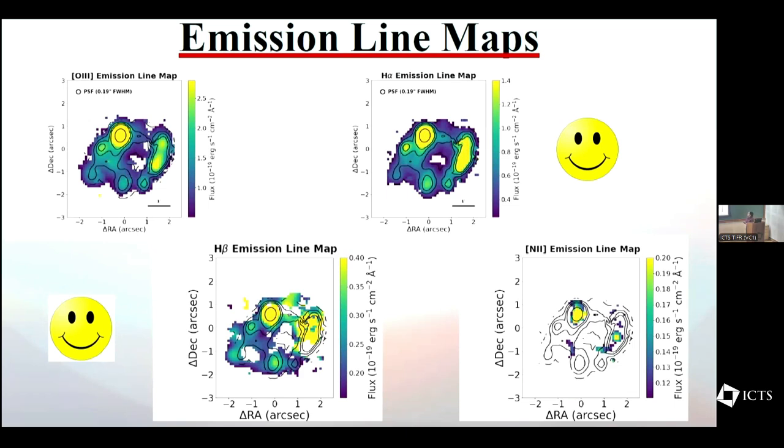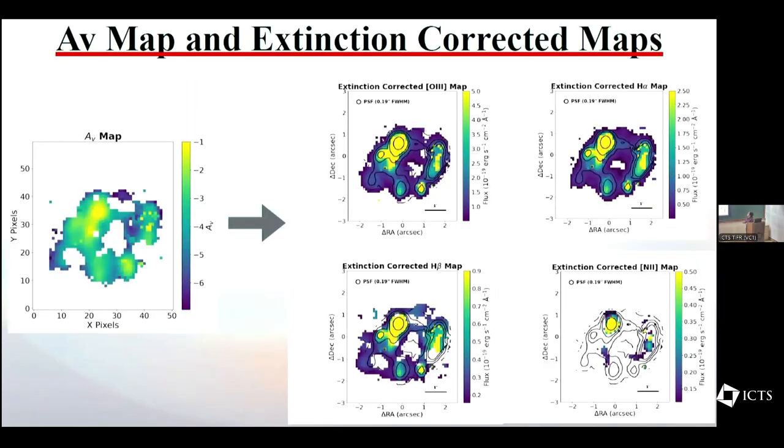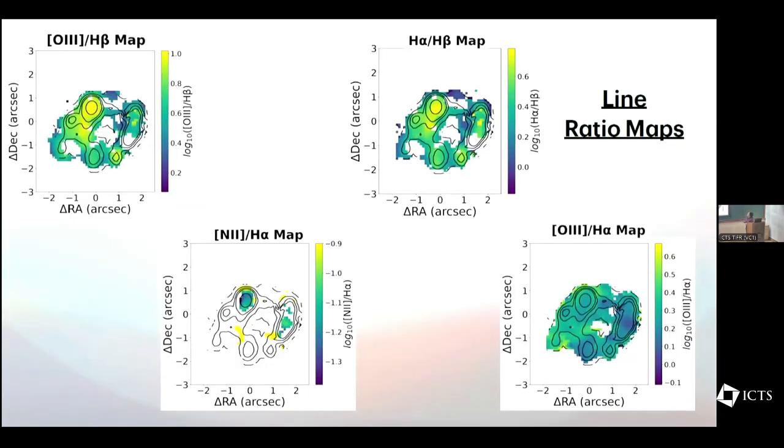From that we can correct for the dust extinction and get more accurate flux values. So we get the AV map, and we actually got the extinction corrected emission line maps for all the lines. And not only that, we also got the line ratio maps.